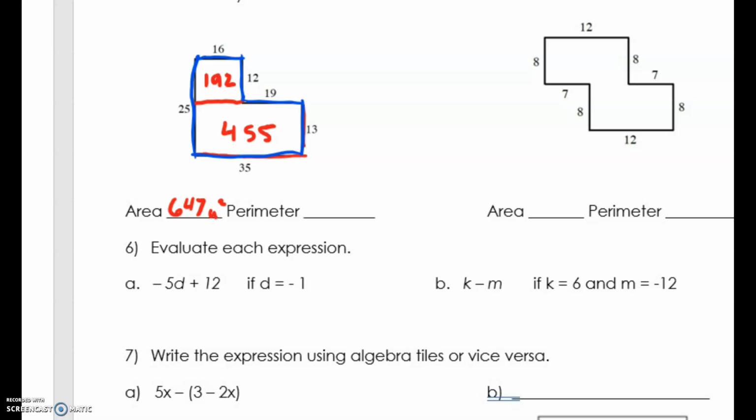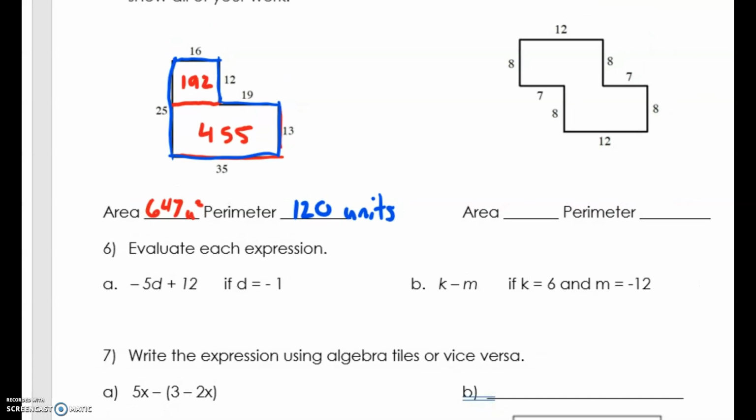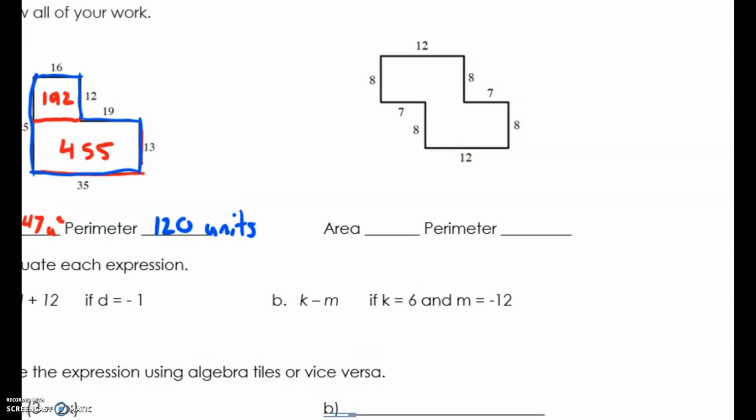So let's add those up. And when I add those together, I'm getting 120. So 120 units. And I'm not going to be picky about the labels, but I'm just showing you guys that perimeter is one-dimensional and area is two-dimensional.